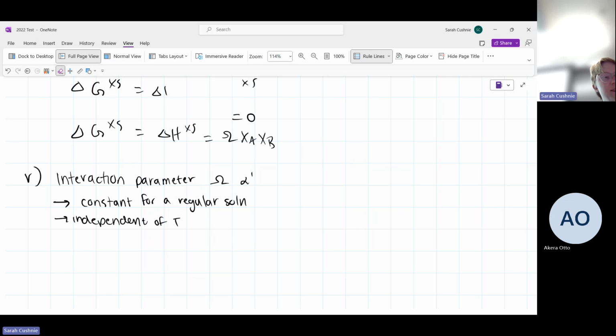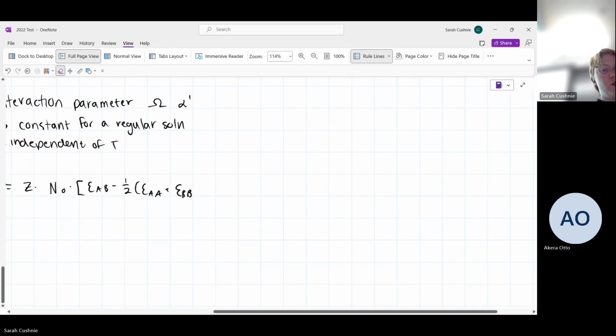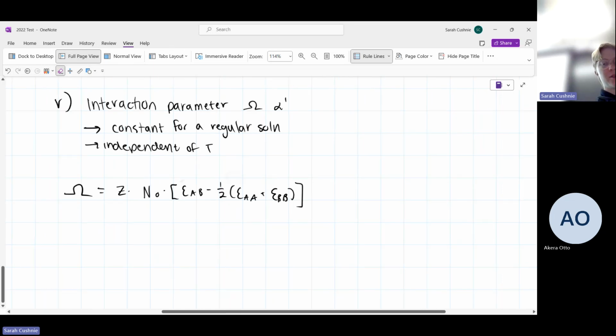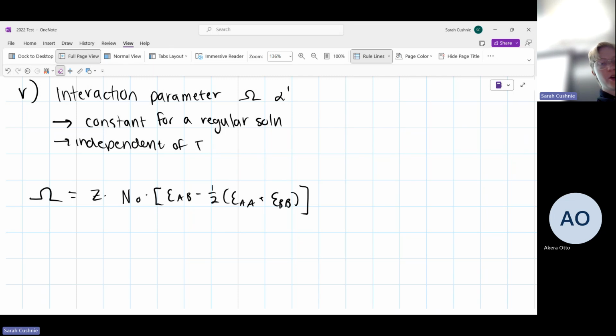So the way we define this, I'm just going to write the equation and then I'll explain it. Z times N naught times (EAB minus 1/2 (EAA plus EBB)). So this is the definition in equation form, which I believe you were required to write out for this question to get the marks, because it asks for mathematical definitions. And this has a few key concepts in it. This is talking about the change in energy when a bond is formed.